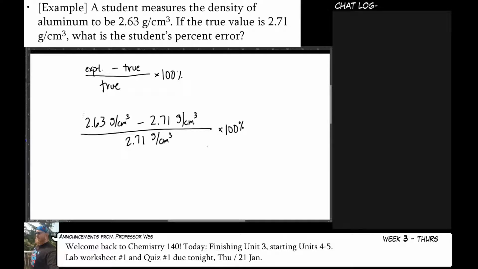Okay, I have to do subtraction up here, which means that my result will be the answer to this problem. Now, doing subtraction like this, not super easy. So the way that I do it is I do it this way.